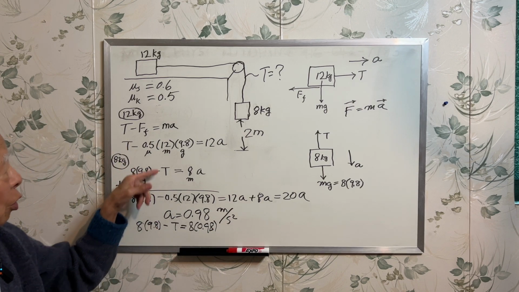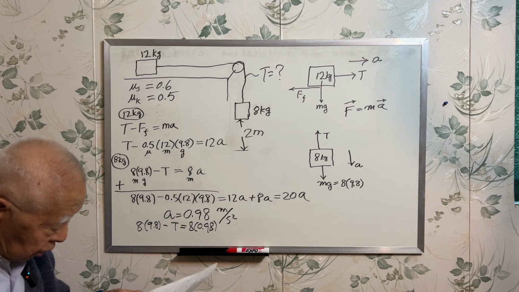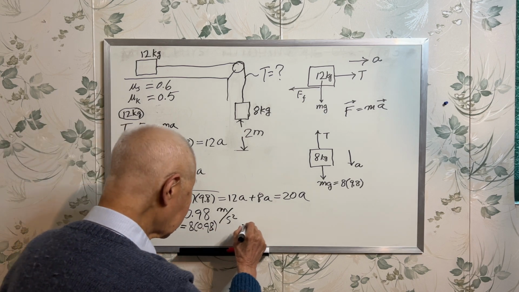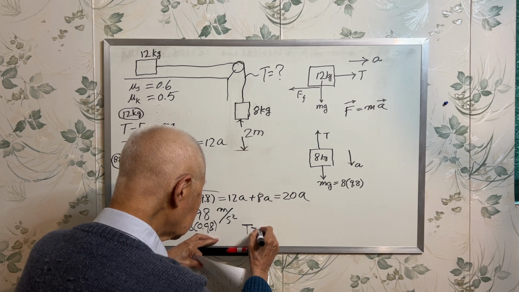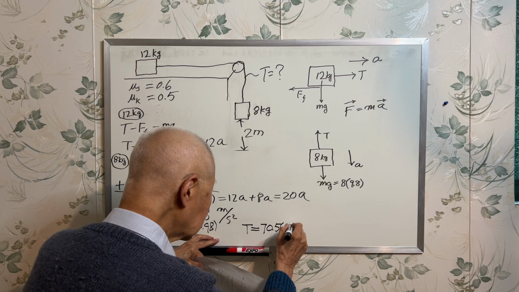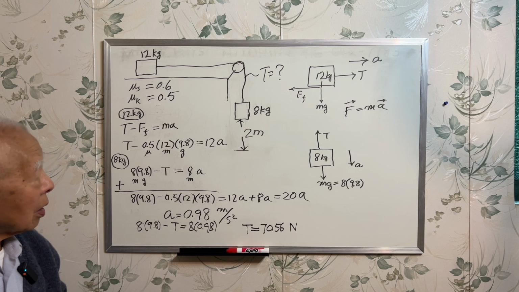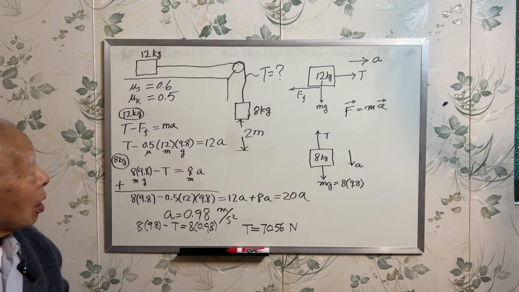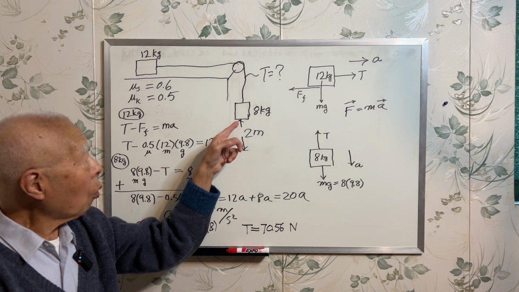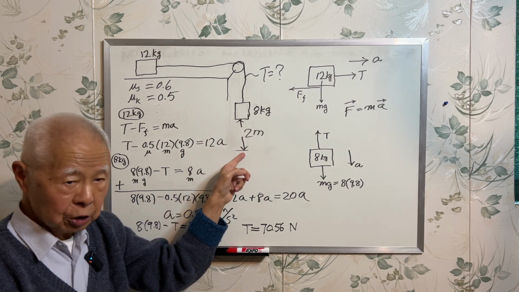It doesn't matter this or that. You put it in and you can find the T. So the result is T equals that. The question also wants us to find with what velocity this 8 kg hits the ground.